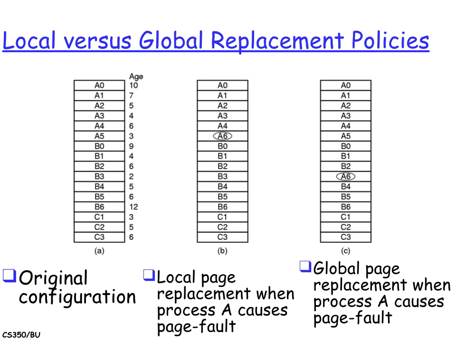So basically for local replacement, you would look only at the process which caused the page fault, whereas for global page replacement, you would look at pages of all the processes irrespective of who caused the page fault. So global replacement is more efficient, whereas local replacement is, you can say, more fair.